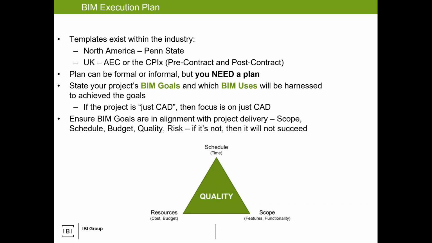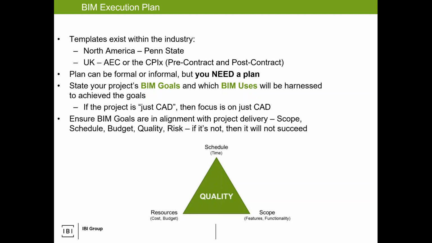I'm going to harp on scope, schedule, and budget, because without understanding the fundamentals of project delivery, BIM fails. So when we're delivering this at IBI, we say, you can't do more and expect to do it within the same schedule or the same budget.